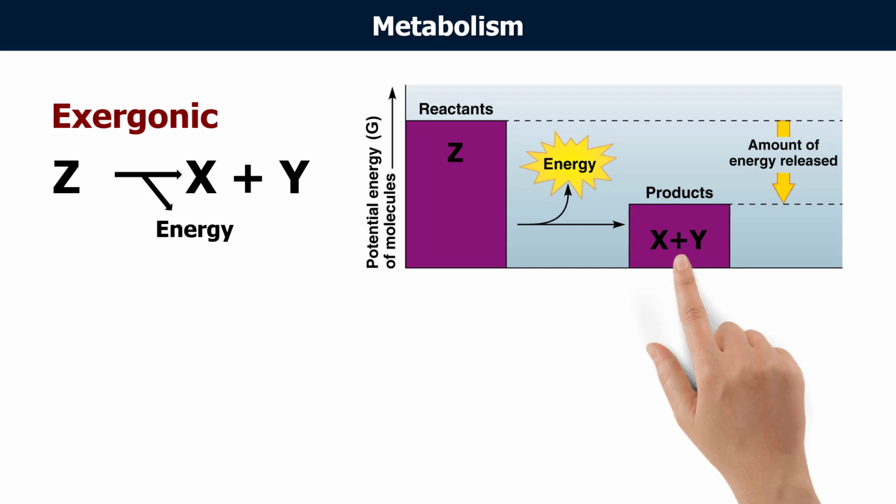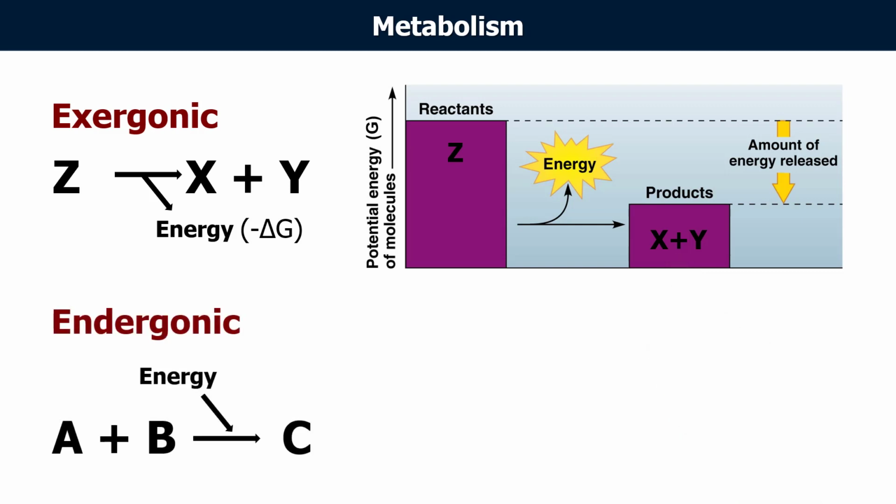Where did that extra go? Well, it was released. So G went from a higher value to a lower value, and the only way for that to happen is to lose free energy. So there is a negative change in G. That triangle is the Greek letter delta, and it means change. So the change in G is negative. We're going down. We're losing energy.